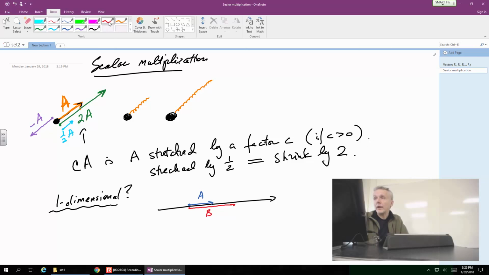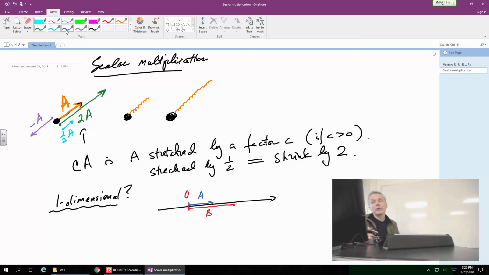Once again, let's not forget that over here we have our origin. Origin is that point where all vectors originate from. So what happens when we add vectors? Think about it as strings.